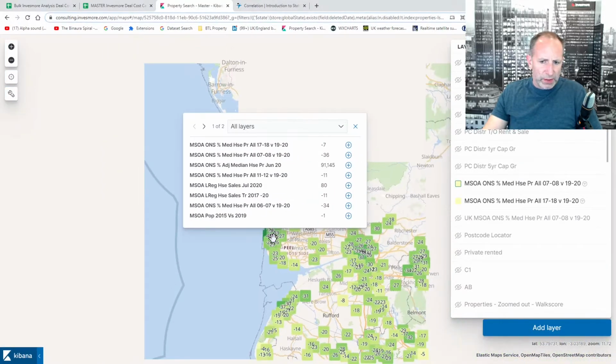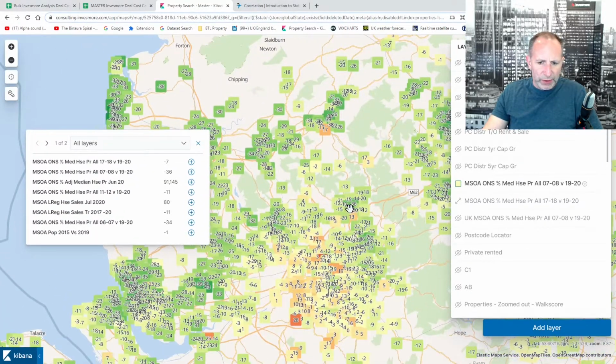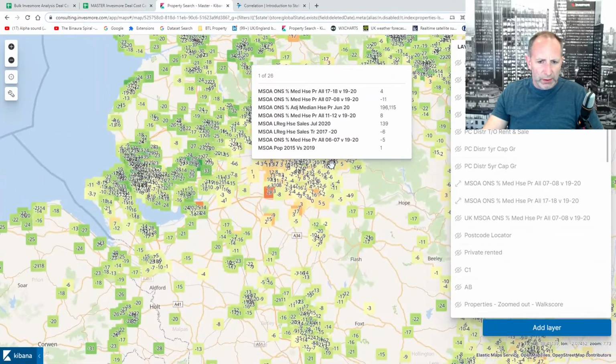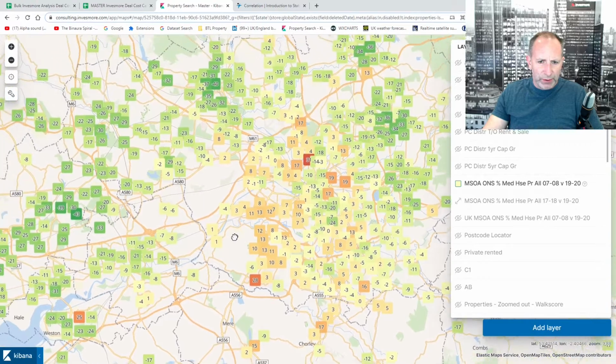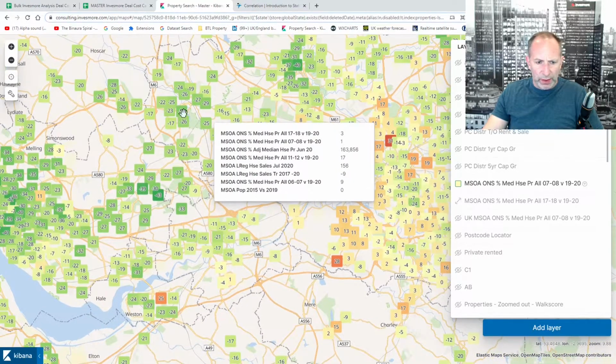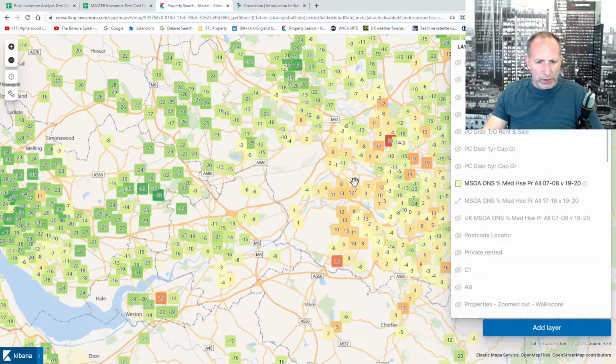I mean, yes, you get growth in line with inflation across the country, but overall, it's not a foregone conclusion that if growth is good in the country, that it's good everywhere in every area. It's just not the case.